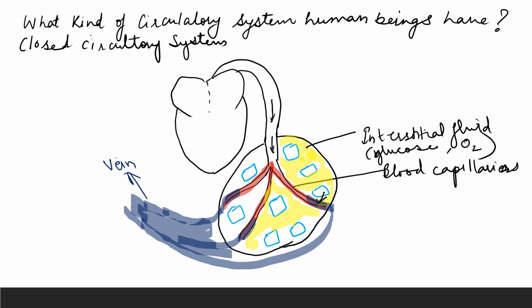Now there is one more important question which I want to tell you right now. The question is, what is the benefit, what is the significance of a closed circulatory system in the human body? So this is very important.